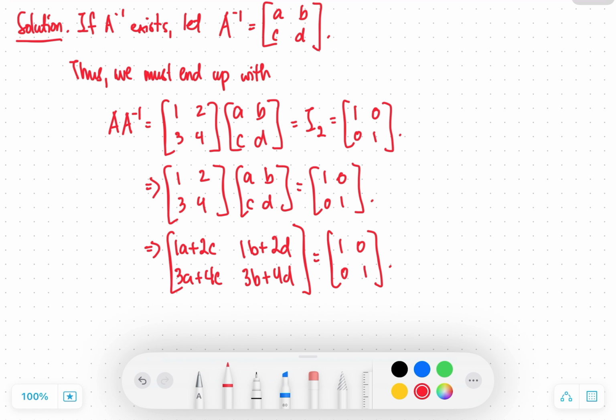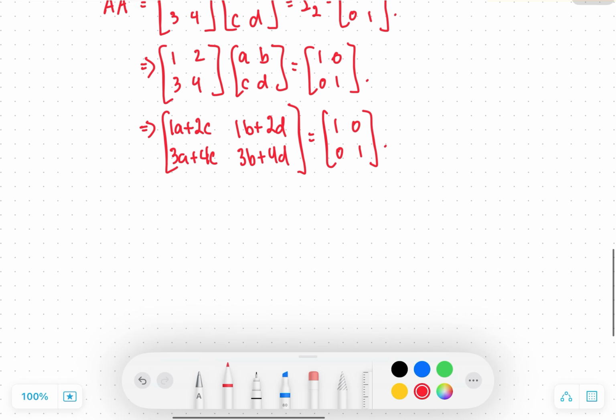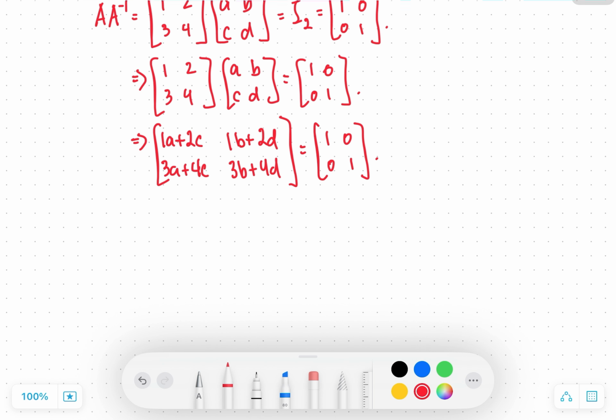Now, from this, using the idea of augmented matrices, we can equate these entries into linear systems. The first linear system that we're going to see is this one connected to this one. Thus we have a plus 2c, let me clear out any coefficient of 1, so I'm not going to write 1 anymore.